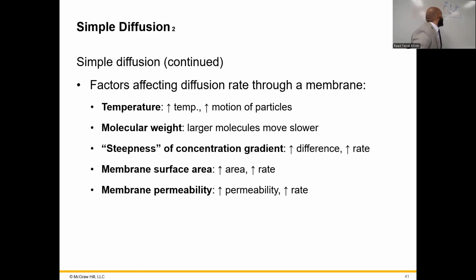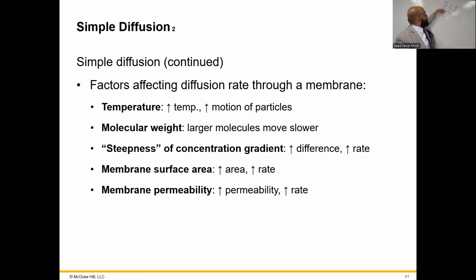The gradient, they're all glucose. We're not dealing with salt here. Maybe if there was salt on this side, sodium chloride is much smaller than glucose. It's one sodium atom and one chloride, that's tiny. But we're not talking about that; glucose is a big molecule, and both are glucose.